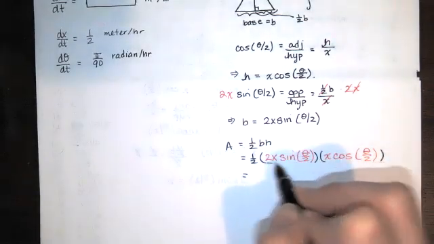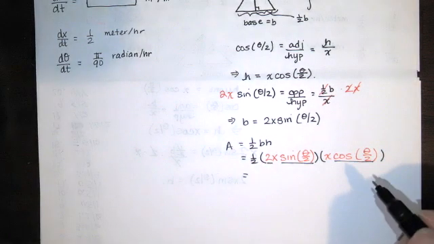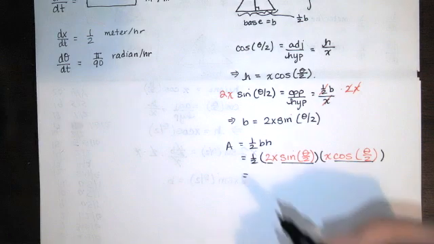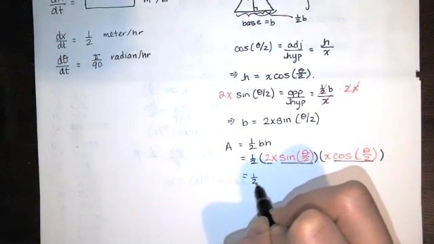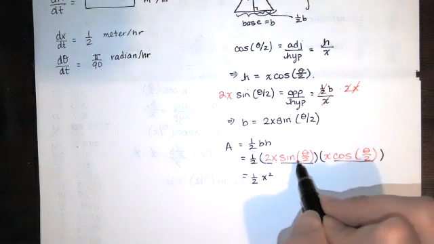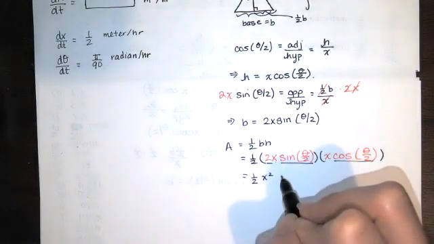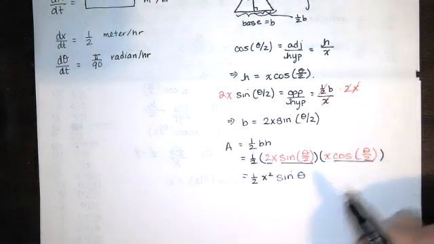Actually, 2 times sine of an angle times cosine of that angle is sine of double the angle. So this is going to give me a 1/2. x times x is x squared. And my angle in this case is theta over 2. So when I double that, I'm going to have an angle of theta. So I'll have sine of theta here.